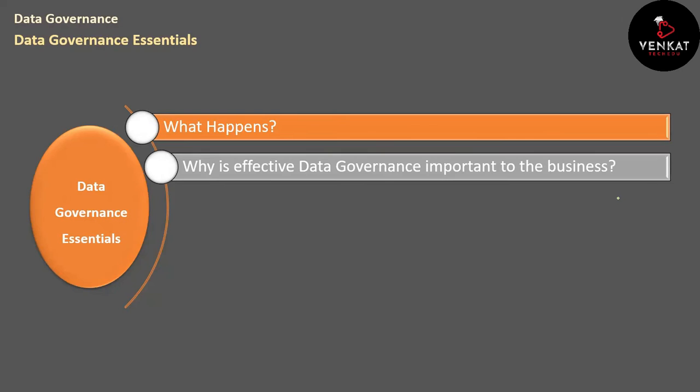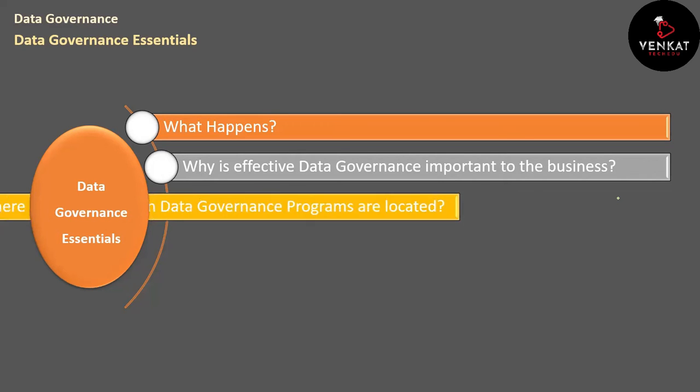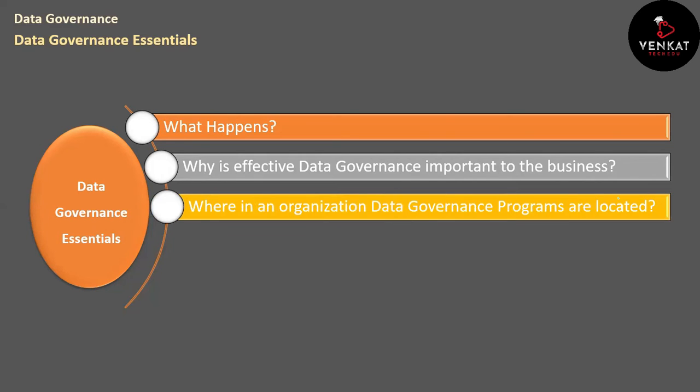Now, why is effective data governance important to the business? The answers are more or less the listed questions. Of course, to avoid loss or to get the maximum benefit for the organization, we need to have control over the data. And where are the data governance programs located? The business might be distributed across various geographical locations, but it is important to understand where data controlling is very much required.